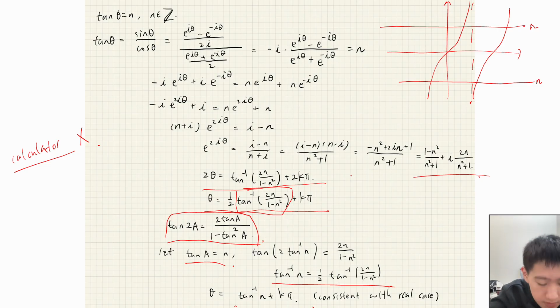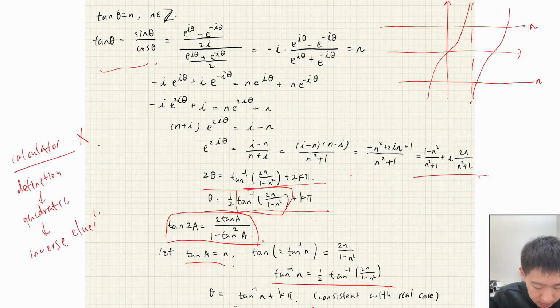So you just need to know the definition, and you use the complex definition, and then you use quadratic, then you use the inverse Euler's formula. Then you should know how to solve it.